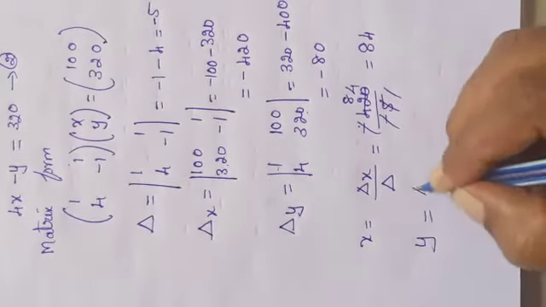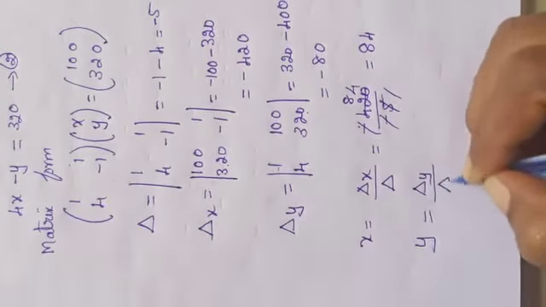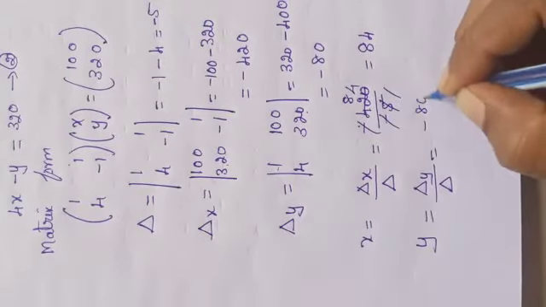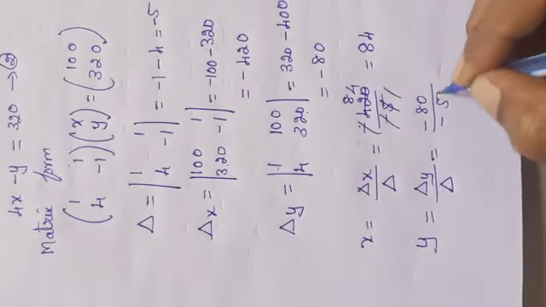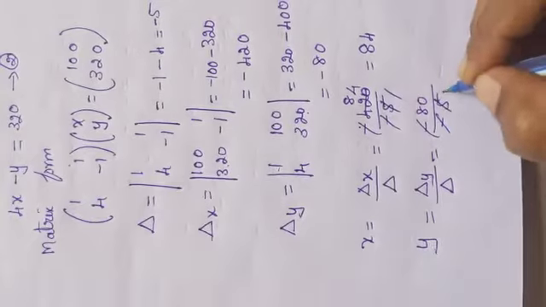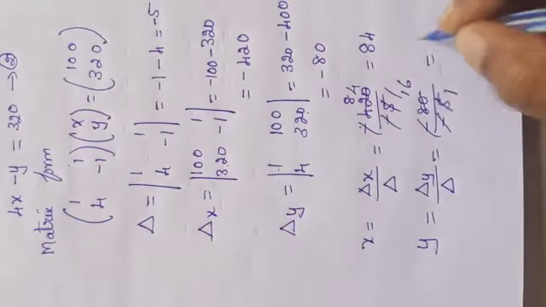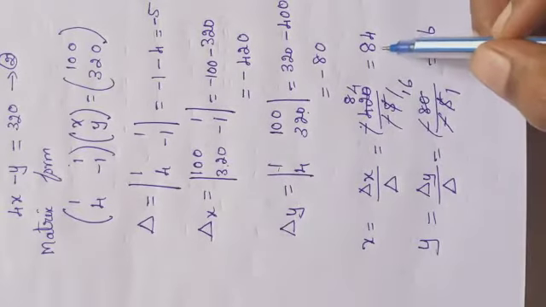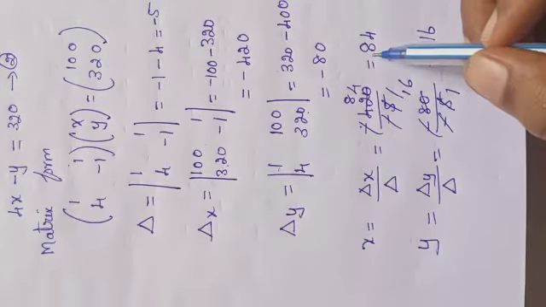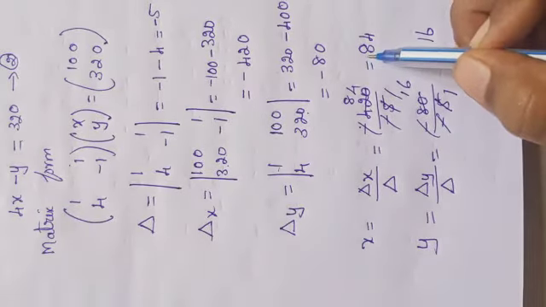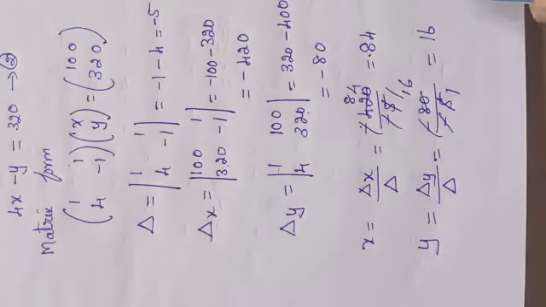Now y is equal to delta y by delta, that is minus 80 by minus 5. Minus and minus will get cancelled, so 16. So the student has answered 84 questions correctly and 16 questions wrongly.